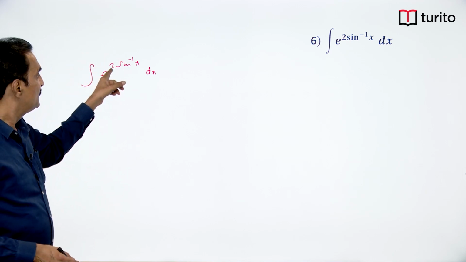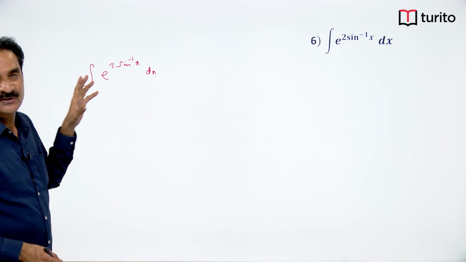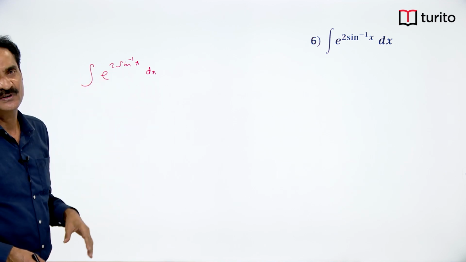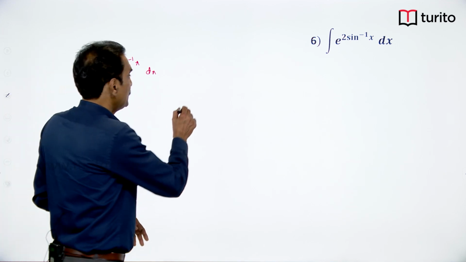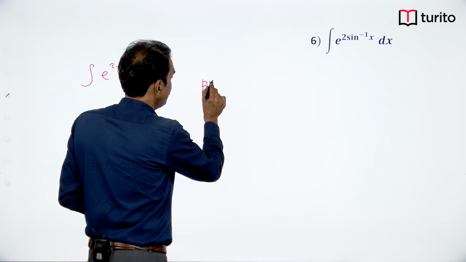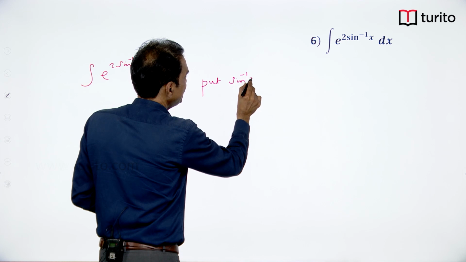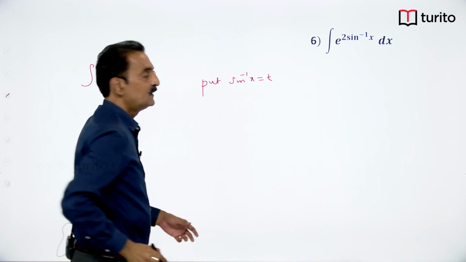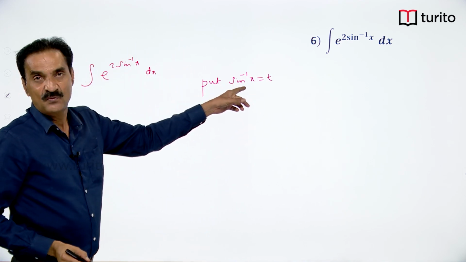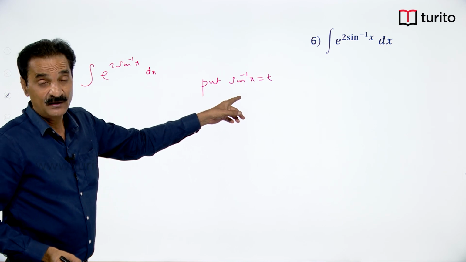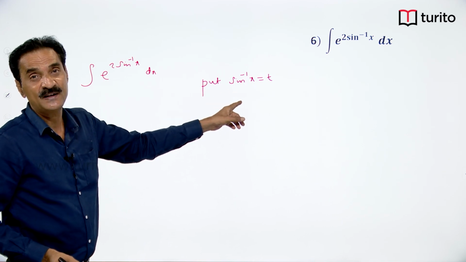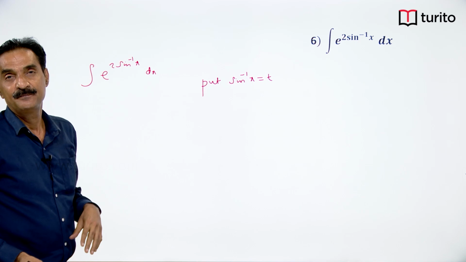Here we put sin inverse x is equal to t or 2 sin inverse x is equal to t, it is your wish. Put sin inverse x is equal to t. Then its derivative is, derivative of sin inverse x is 1 by root 1 minus x square, it is not there.